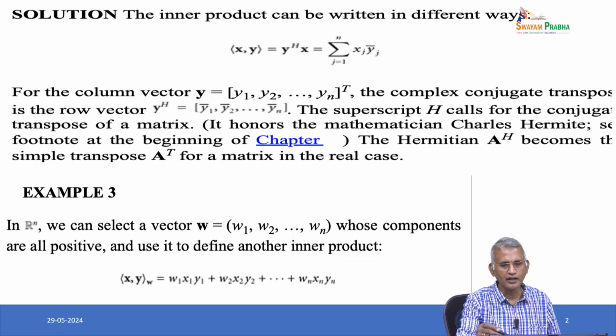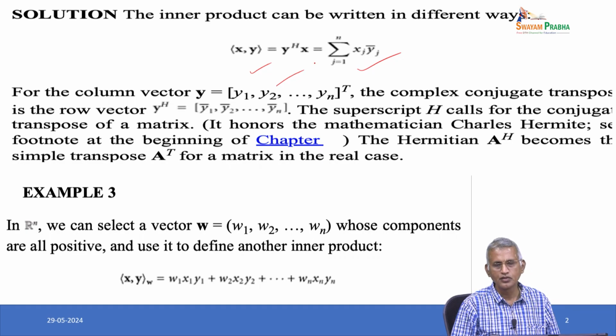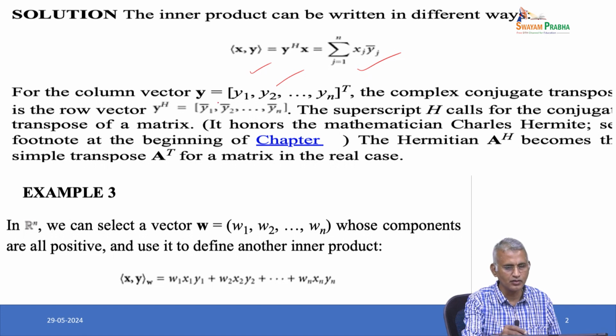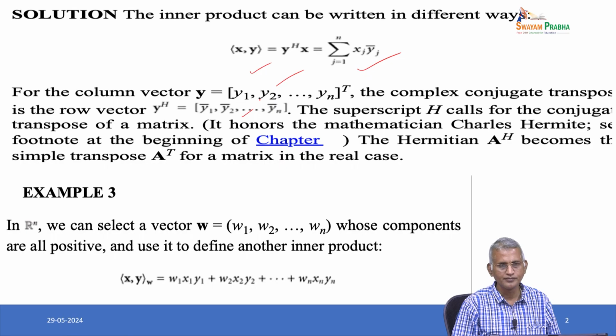Now, the inner product can be written in different ways, like x comma y equal to y^H x, and we can generally denote it as the summation over j equal to 1 to n of xj yj bar. For the column vector y equal to y1, y2 and so on yn, the complex conjugate transpose is the row vector y^H equal to y1 bar, y2 bar and so on yn bar.